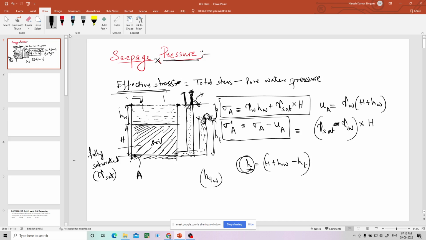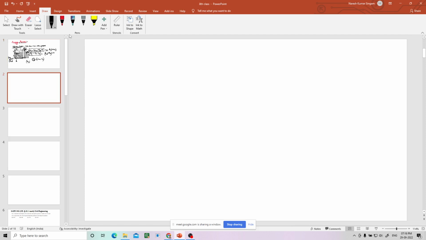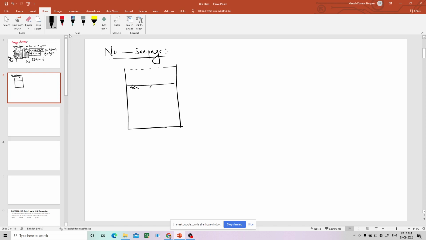Let me go to another new slide. So no seepage we will discuss first. Okay, this is no seepage. But basically there is some water and there is soil. Below this there is completely soil.